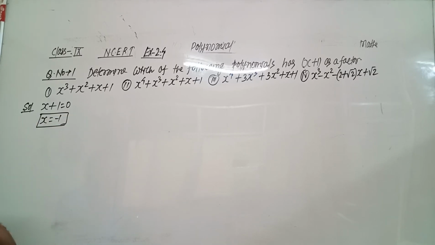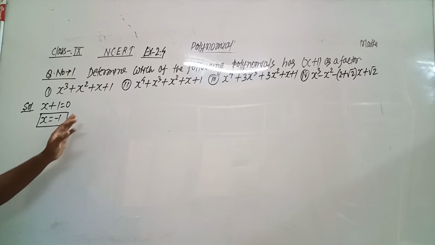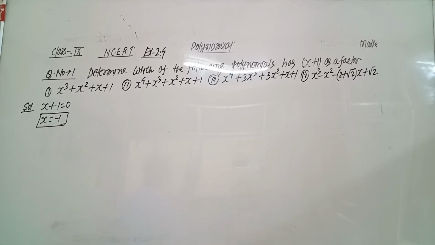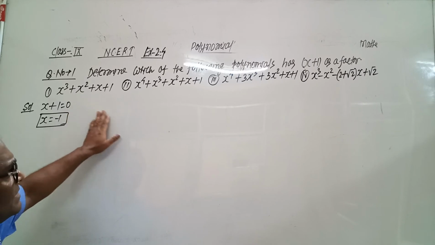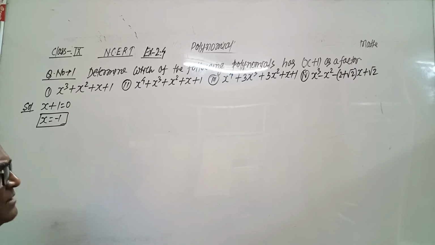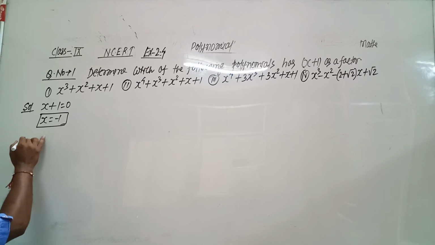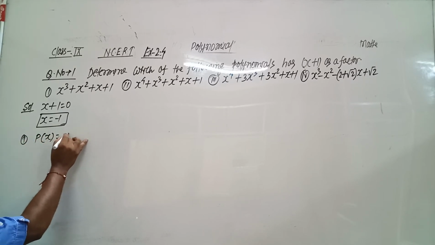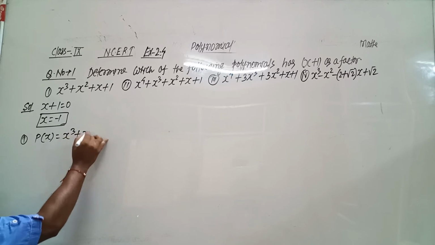Now we have to put the value x equals minus 1 in each of the given polynomials, and if the remainder comes to be 0, then we say that x plus 1 is a factor, otherwise it is not a factor.